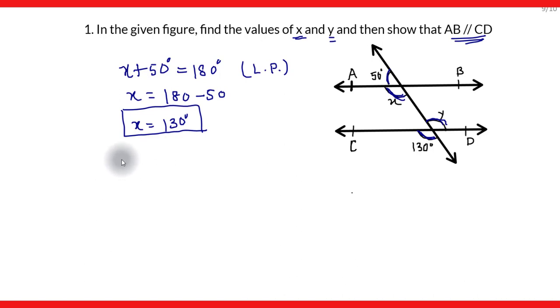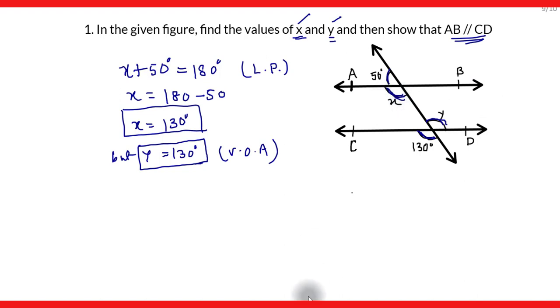So from the figure we also get y is equal to 130 degrees, reason: vertically opposite angles. x is equal to 130 degrees. Highlight this also, because we had to find the values of x and y, and we have got them: x is equal to 130 degrees and y is equal to 130 degrees.